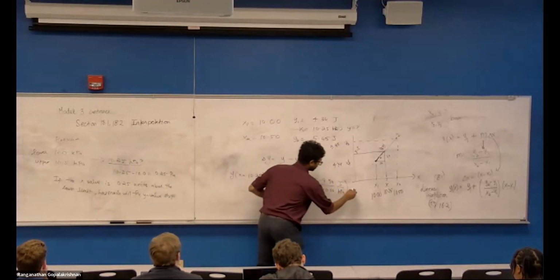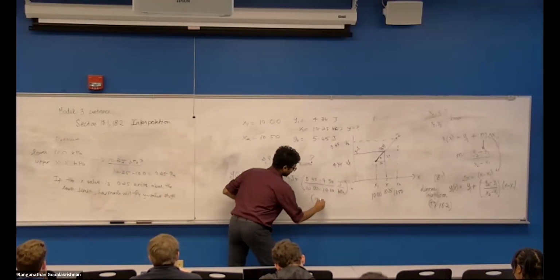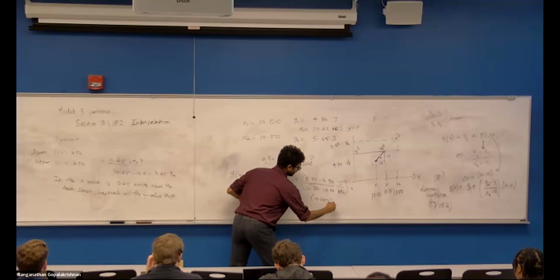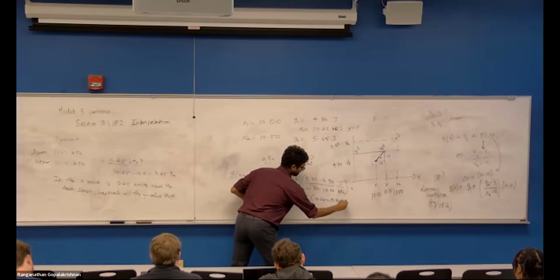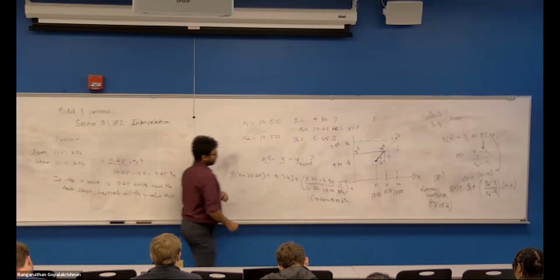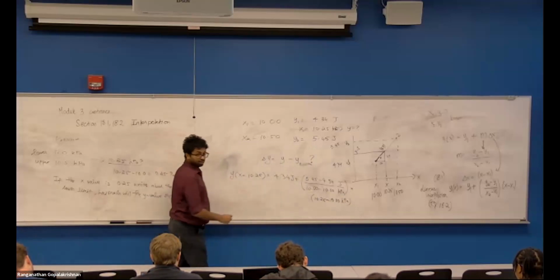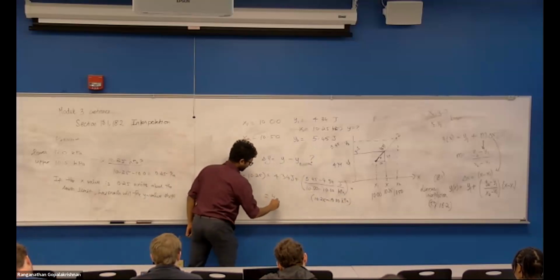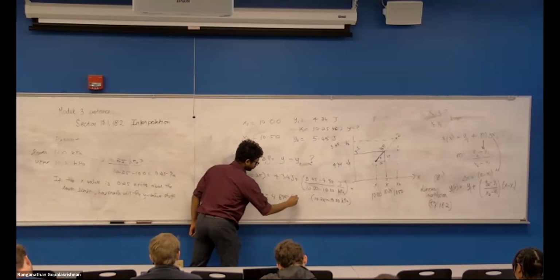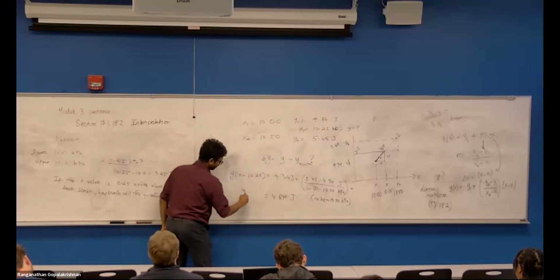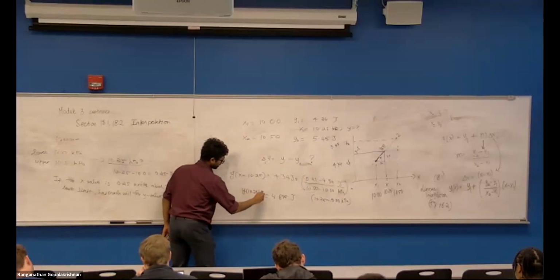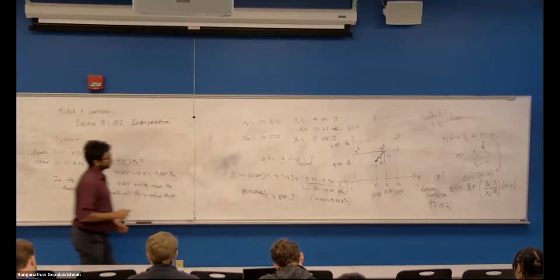So what is the difference? 10.25 minus 10.00 kilopascal. I got 4.895 joules. That is your y value at 10.25 kilopascal. Simple enough.